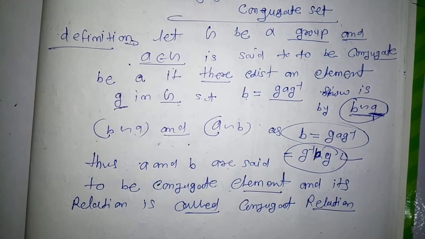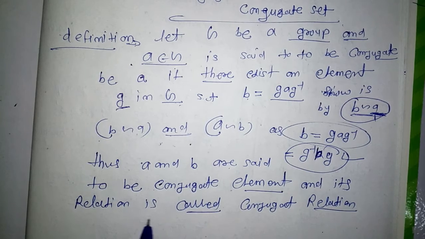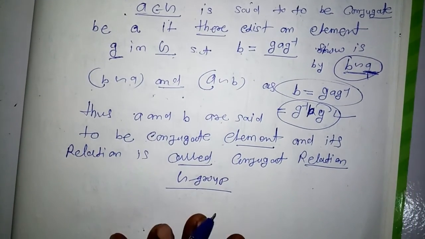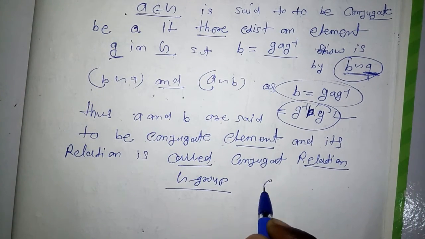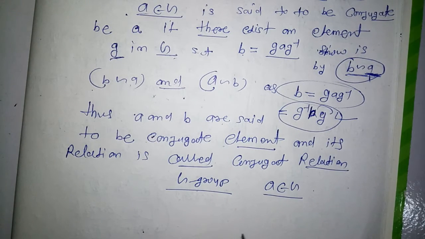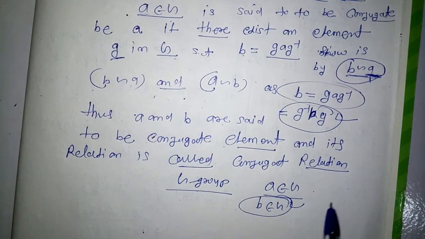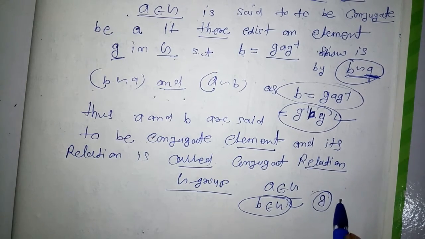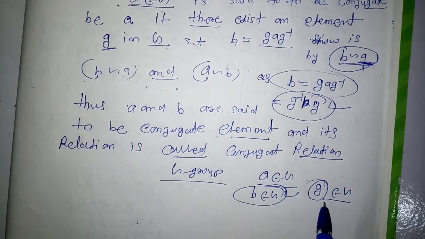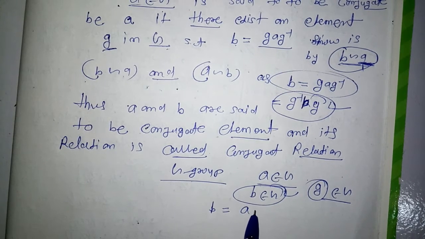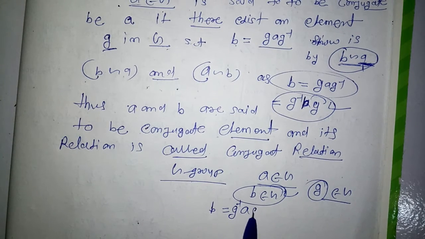Okay students, now we again understand here G is a group, and A is an element of G, and any other element B belongs to G. Okay students, and an element g of group G is also included here, that we can say that B is equal to g inverse A g, students.